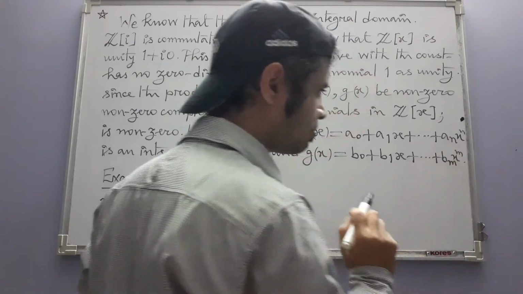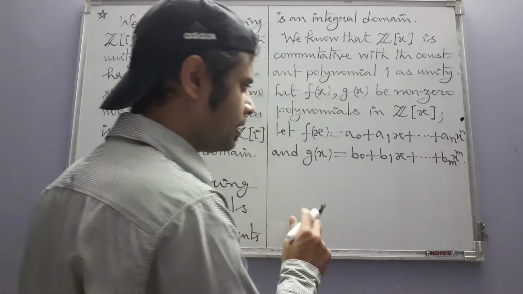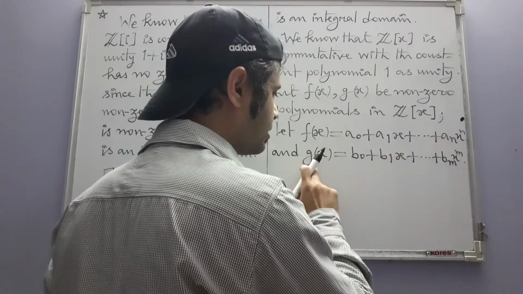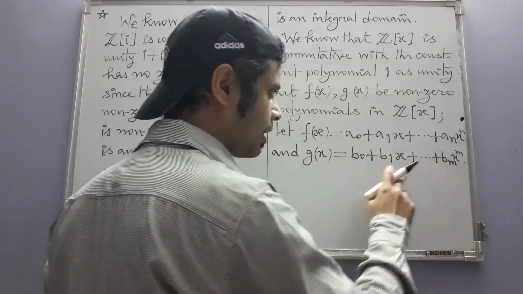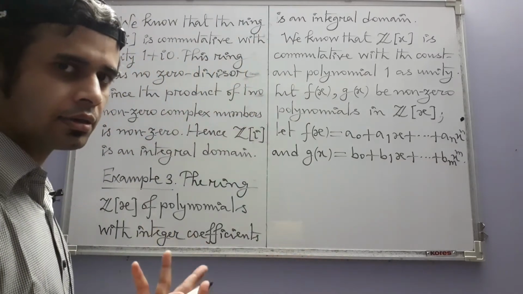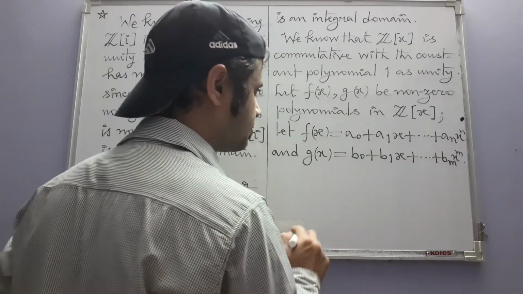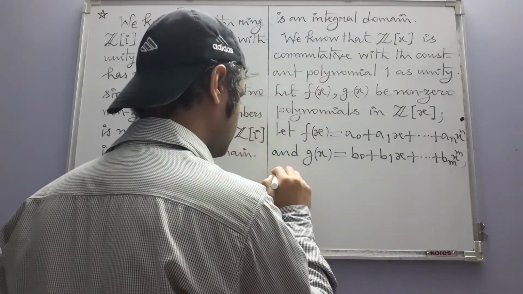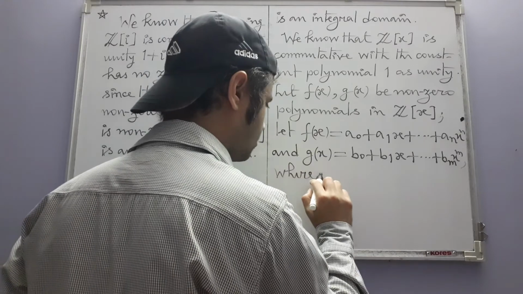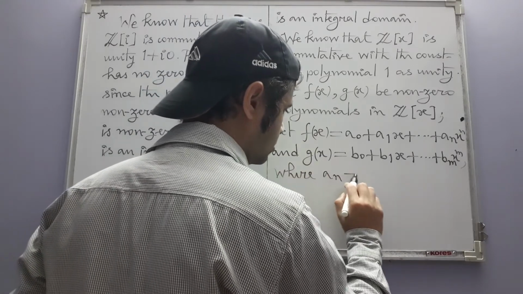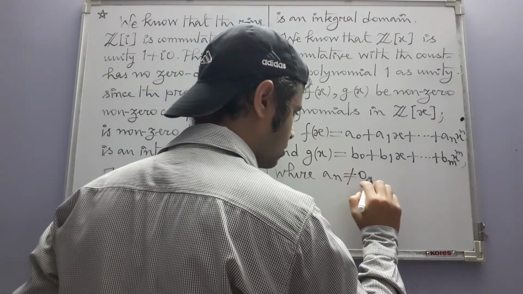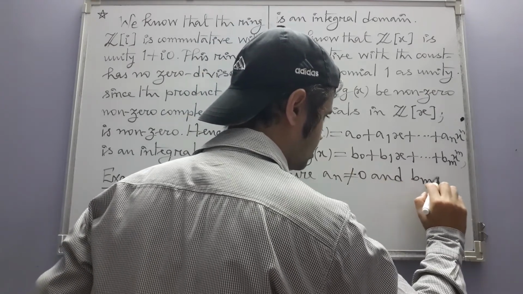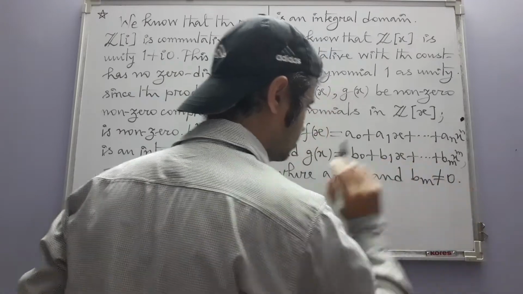So an can be chosen to be non-zero. In other words, the degree of this polynomial is n. Like that, the degree of g is m, and n and m are non-negative integers, where an is non-zero and bm is also non-zero.